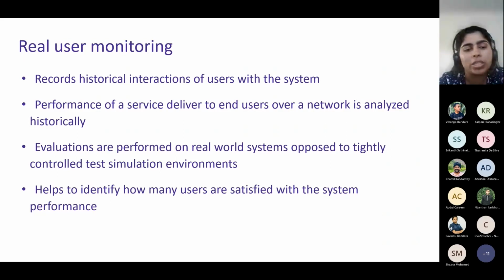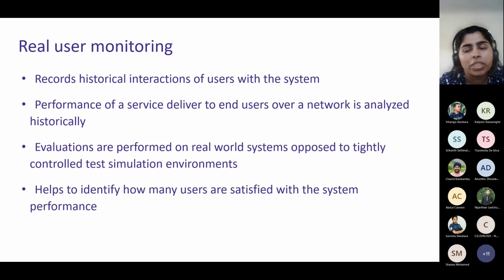But when we do this type of load test, we use a tightly controlled environment. It's not the actual real world scenario. So we can't simulate actual behavior using the load test.